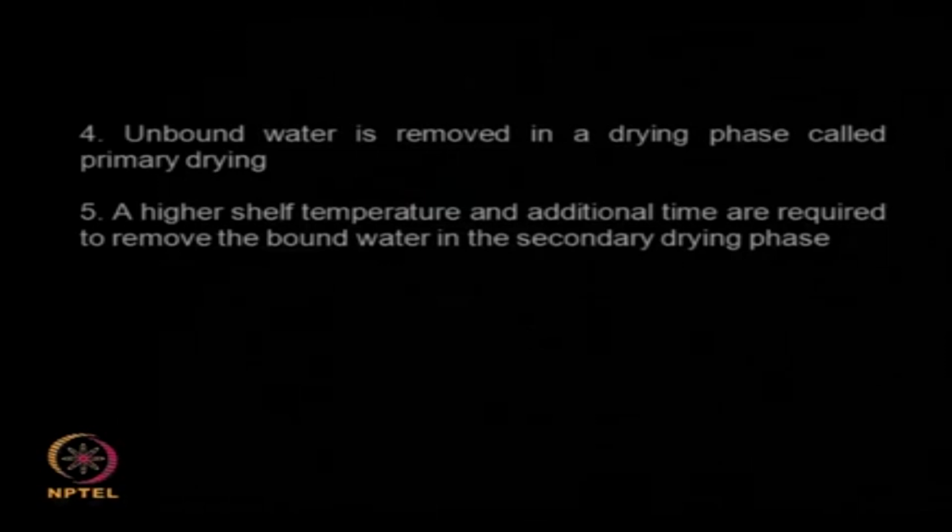So initially you have the primary drying phase where by reducing the pressure you are operating below the triple point, so the solid ice goes into vapor, and in the second phase we keep the pressure down but slightly increase the temperature, so that the bound water gets removed. Okay. So these are the two steps.